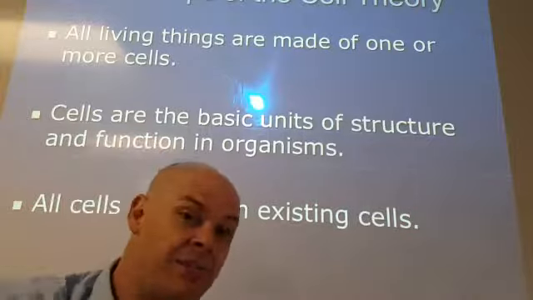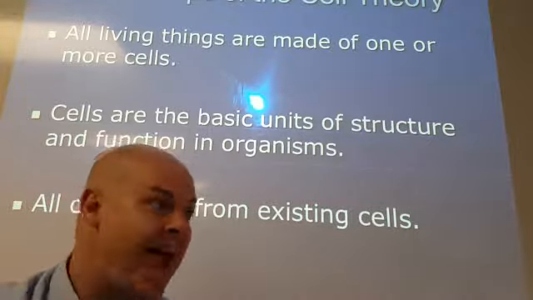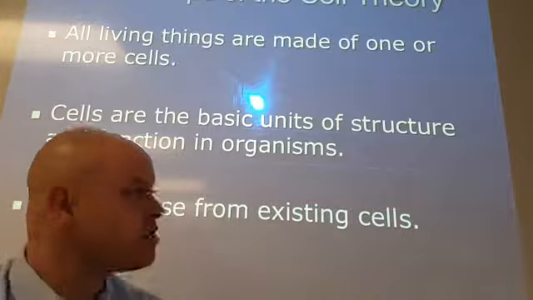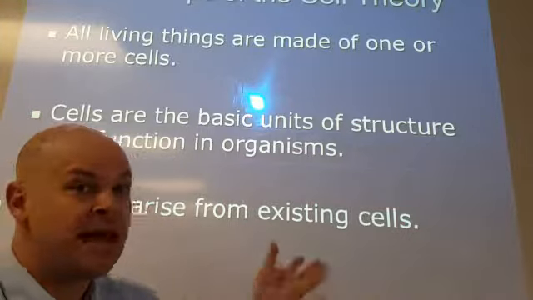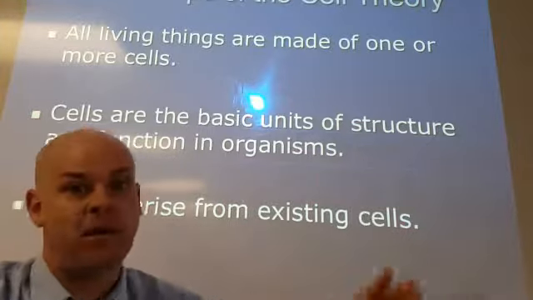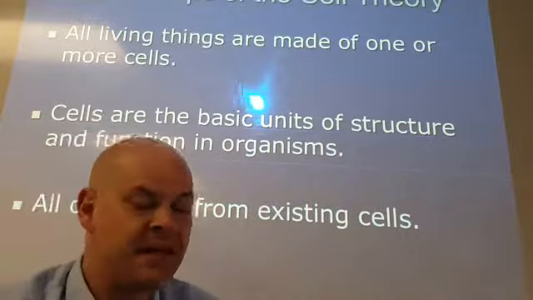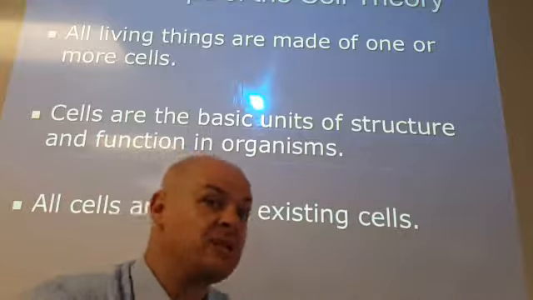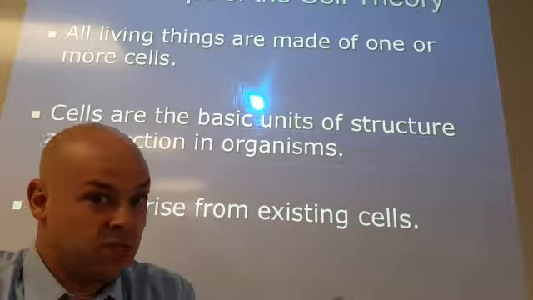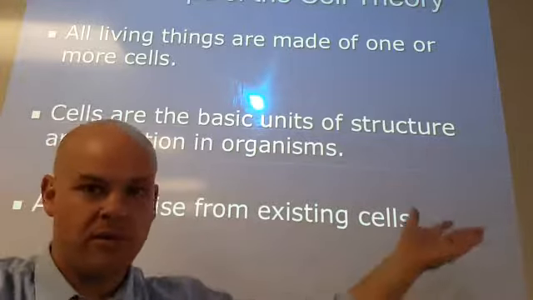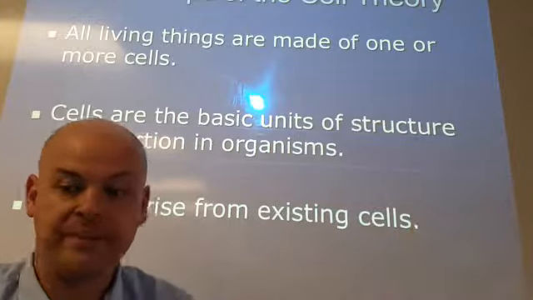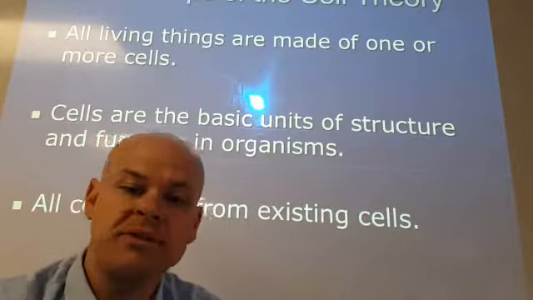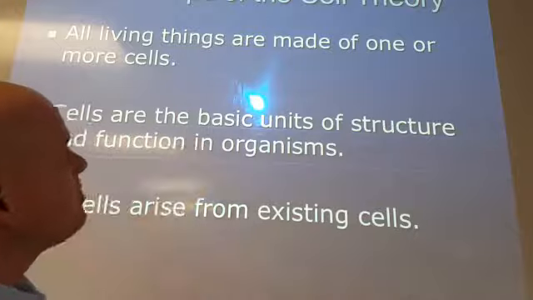So they had to have been there in the first place. They had to have gotten there somehow. You can't just have garbage and then have cells spontaneously arise from garbage. It can't happen. It has to come from somewhere. Maybe a fly laid its eggs on the garbage, and then the egg cell gave rise to the maggot. So there's your three parts of the cell theory.